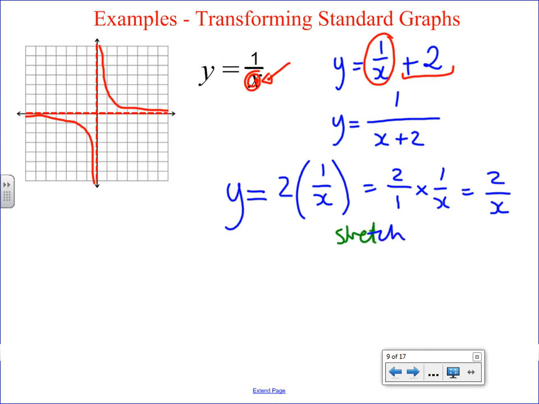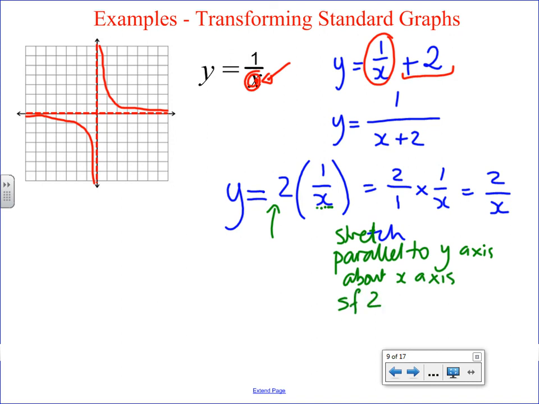It is parallel to the y-axis. Yes, because it's not inside, it's not down here. So it's outside, so we're looking up at the sky like a y-axis, so it's parallel to the y-axis, about the x-axis. And the scale factor? 2. Excellent, 2. So everything gets twice as far away vertically.